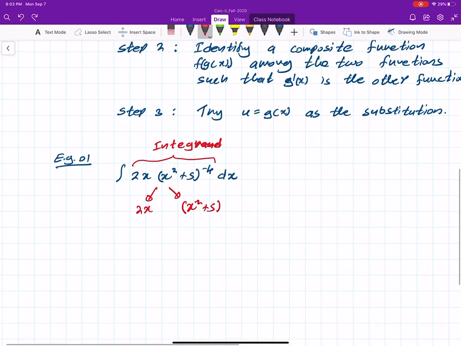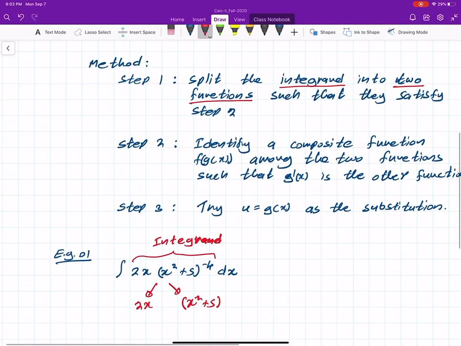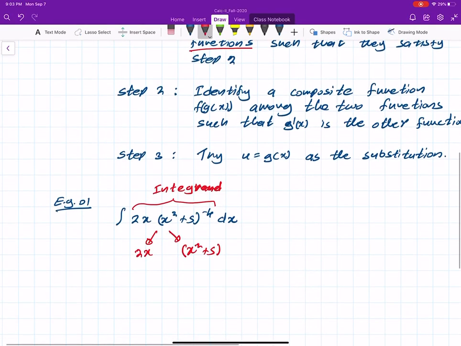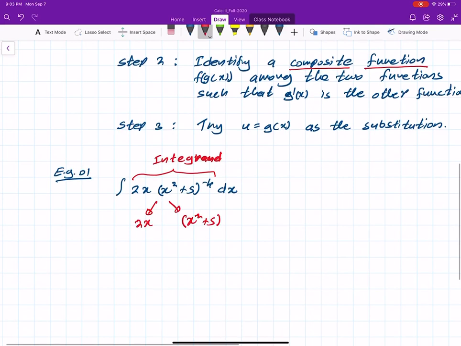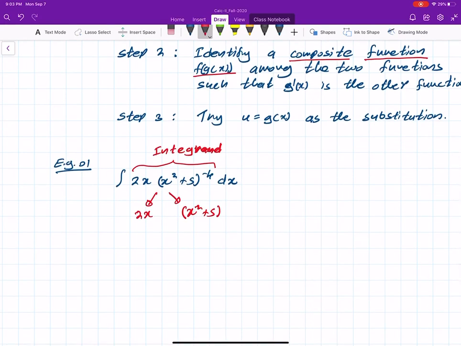So this is what I get. And then in step 2, identify a composite function, something like f of g of x. I'm sorry, I made a mistake. This should be here. I forgot to put the power minus 4.